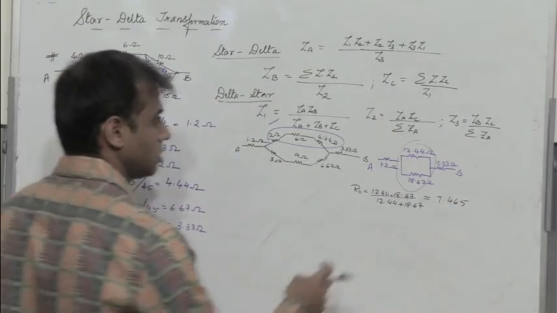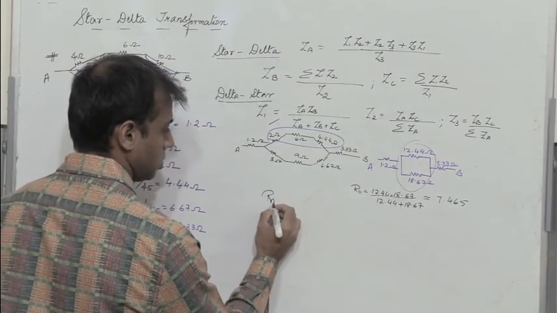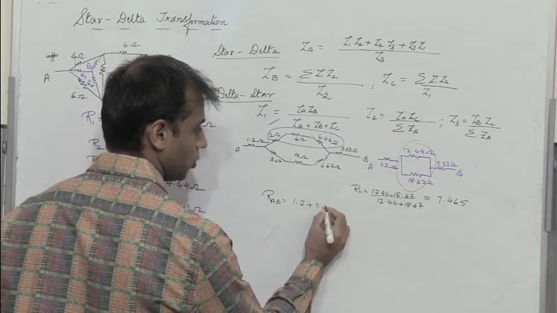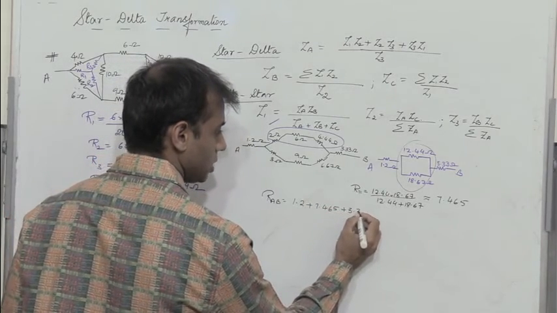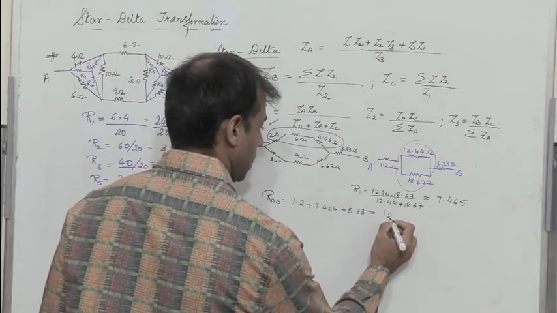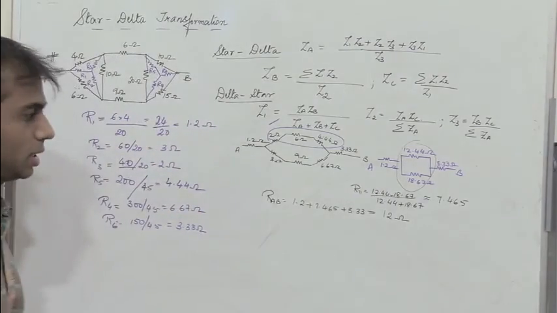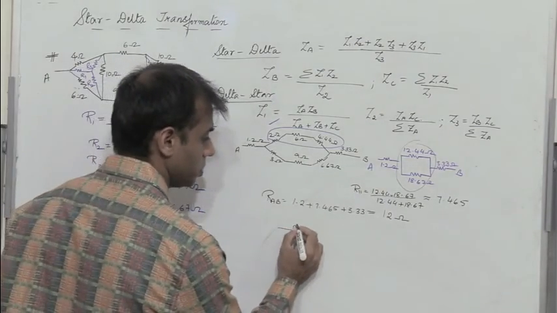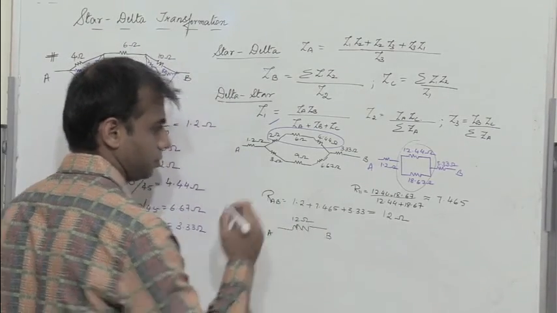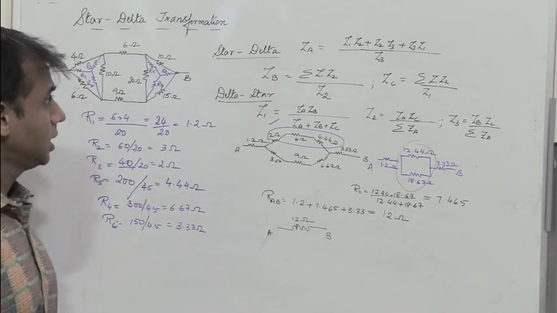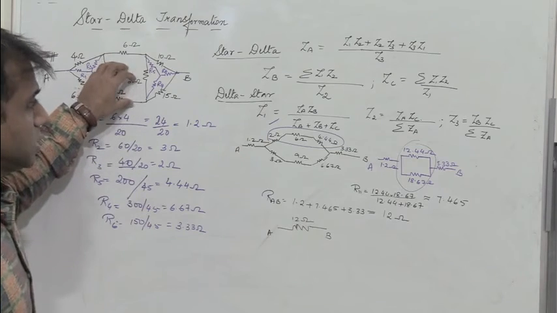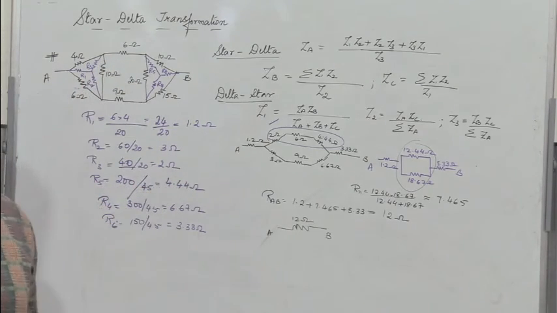Now to find the equivalent resistance across AB, I add 1.2 plus 7.465 plus 3.33, which finally gives me 12 ohms approximately. So this is the equivalent resistance between the two terminals A and B. This is how star delta or delta star transformation helps us simplify the given circuit and find the equivalent resistance.